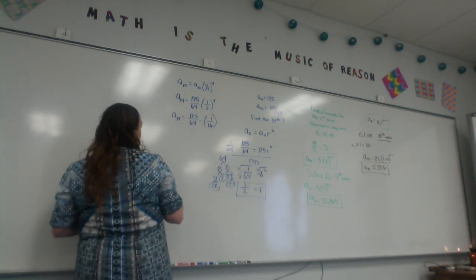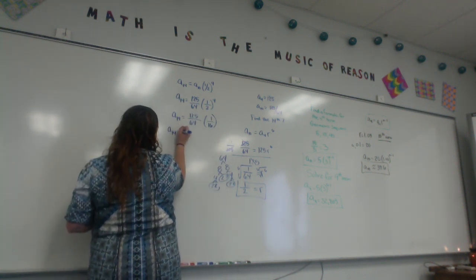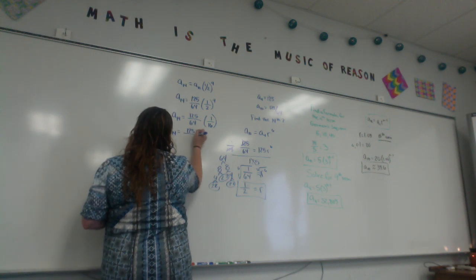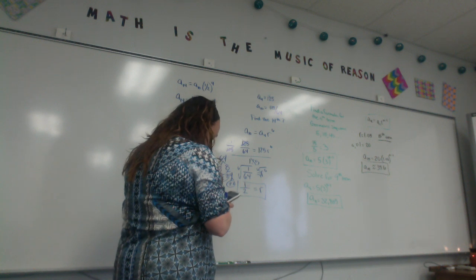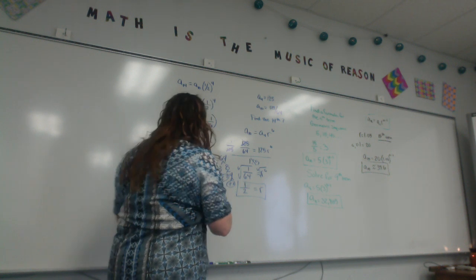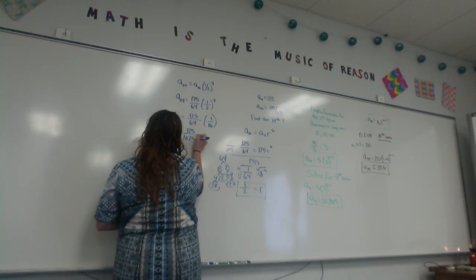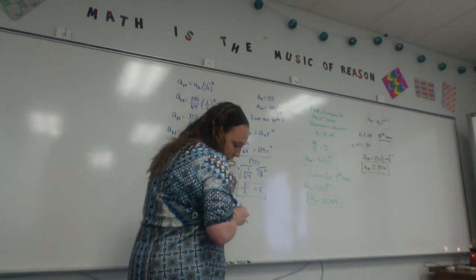Now that means a of 14 equals 125 over whatever 64 times 16 is. 1024, over 1024.